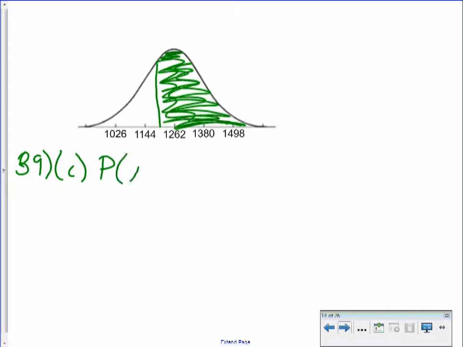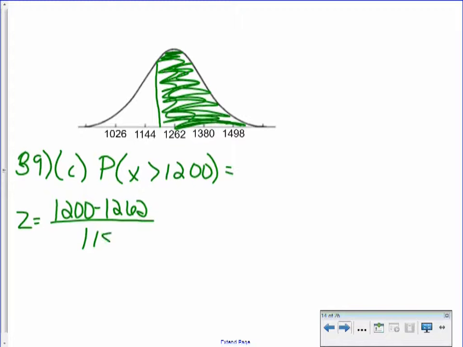Of course, we have to find the z-score. It looks like we get a z-score of negative 0.53. We want to be greater than that, so we'll need to do our complement.